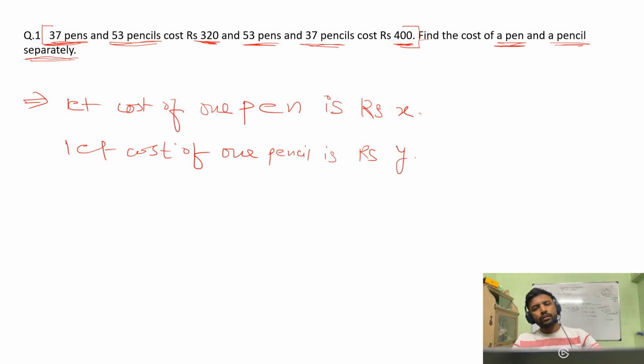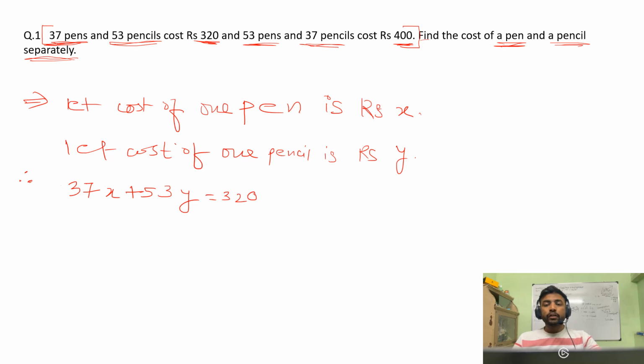Okay, then what we are given: 37 pens and 53 pencils cost rupees 320. So we will multiply 37 with x, because the cost of one pen is x, plus 53y, because the cost of one pencil is y, is equal to 320.